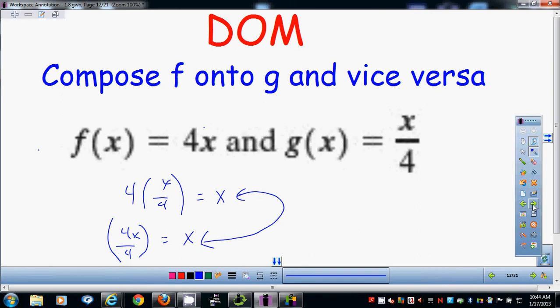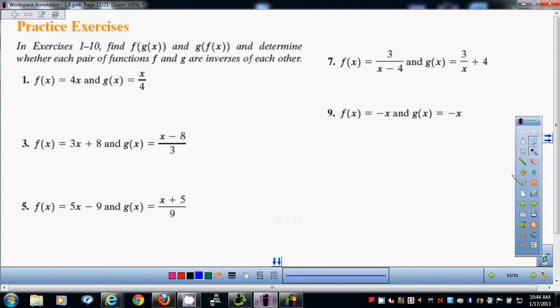But, so section 1.8. And that's exactly what you're asked to do on this slide. You're asked to compose f of g and g of f. I'll give you a second.